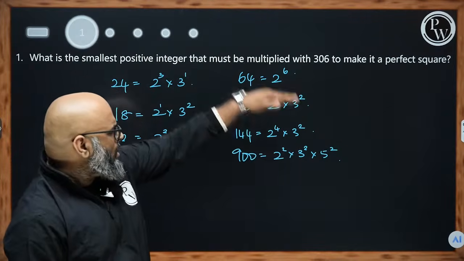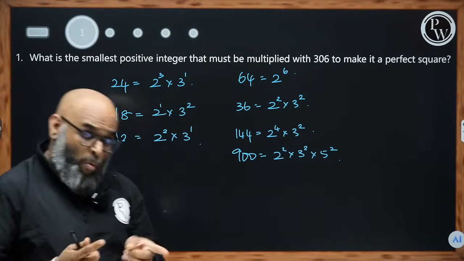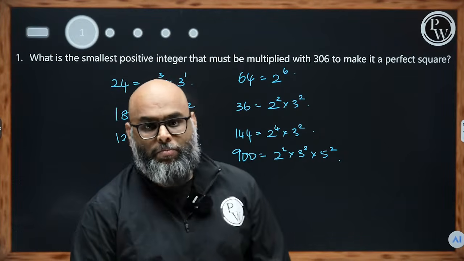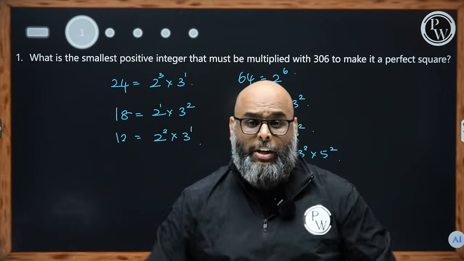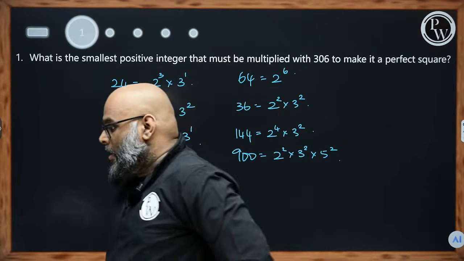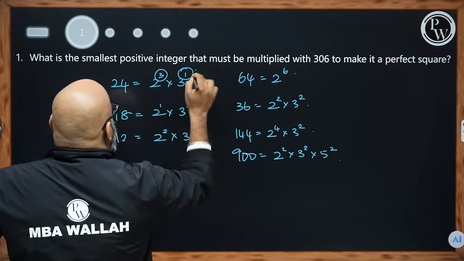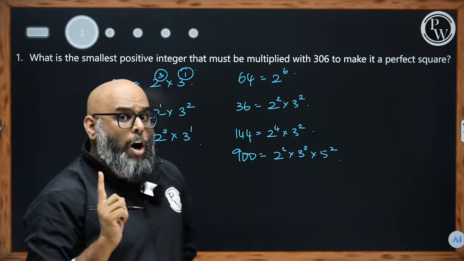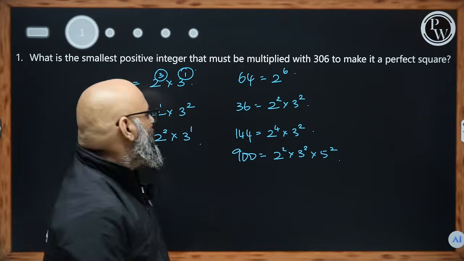Obviously, I look at all these numbers, they all are perfect squares. These are not perfect squares. What makes a number a perfect square? The idea once again lies with the prime factorization, and that holds the key. And what is that key? The powers. Only when all the powers are even, the number becomes a perfect square.